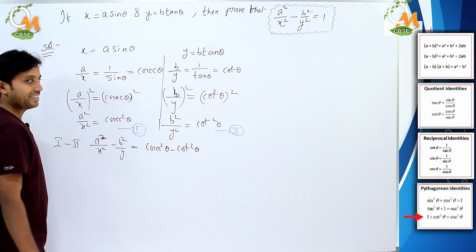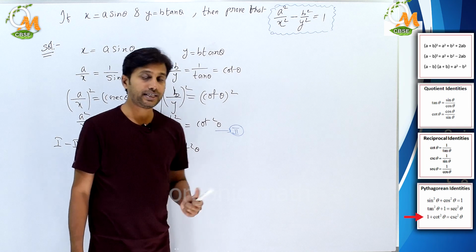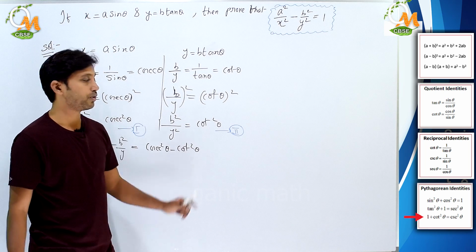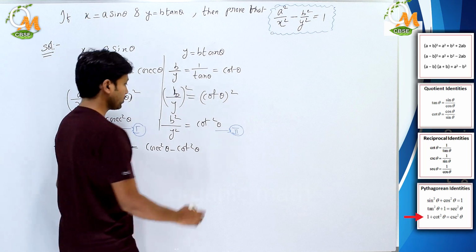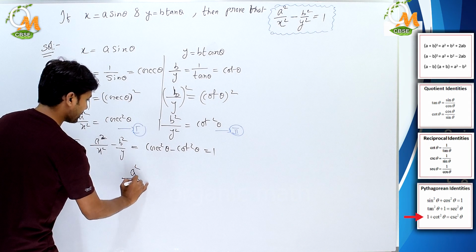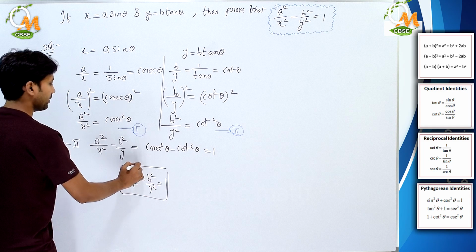Is this a trigonometric identity or not? The third identity of trigonometry is cosecant square theta minus cot square theta equal to 1. So the value of this is 1. Finally we obtained a square by x square minus b square by y square equal to 1. So this is it. It's a very simple problem.